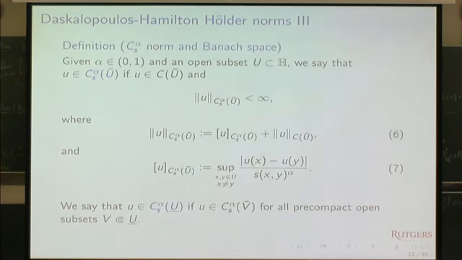So the usual C alpha norm is defined in the usual scheme, except that this distance is not the usual one. It's the cycloidal distance function. And then once you have that, all the other variants of Hölder spaces follow in the way you might expect, but there's one catch, which is also important.